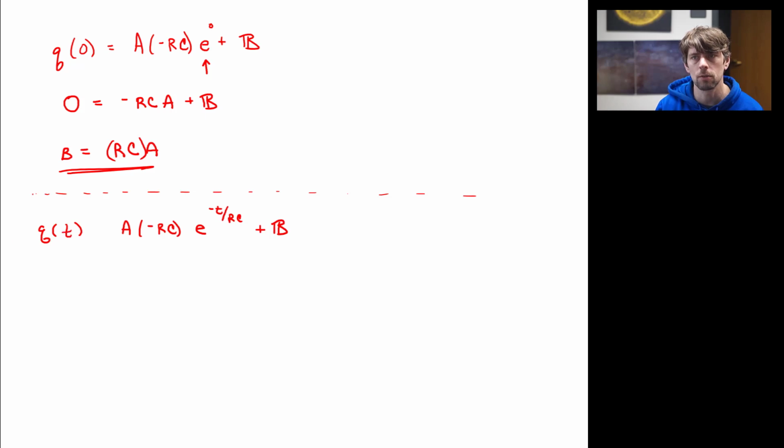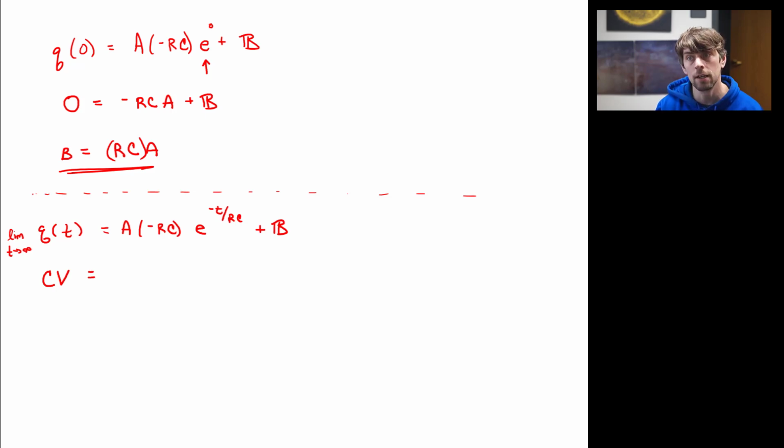Technically, we can never get to infinity, but I take the limit as t goes to infinity. Well, we already argued that in that limit, the potential drop across the capacitor must be equal to that across the battery. And so I must have a total charge of C times V stored on the capacitor.